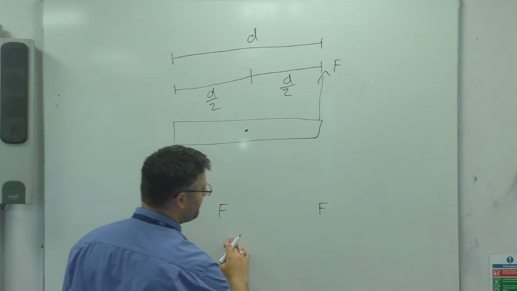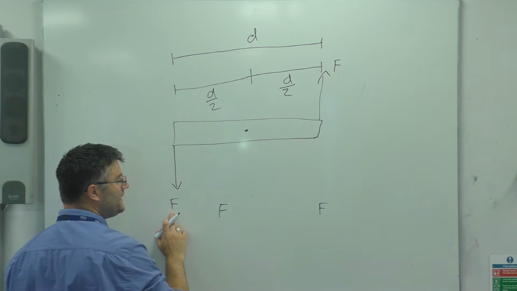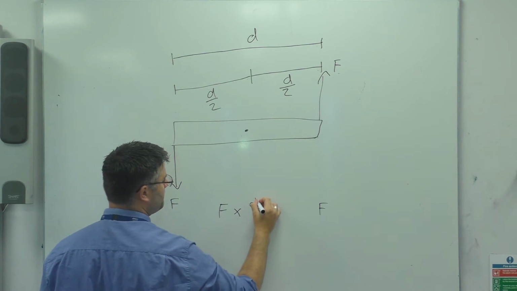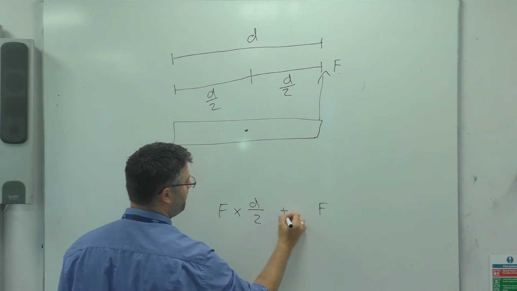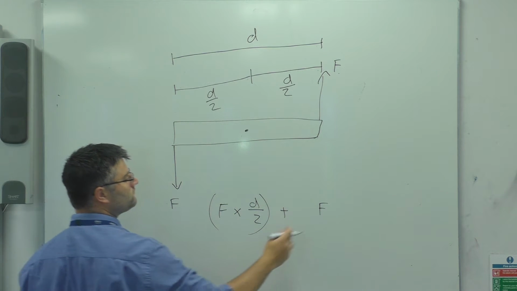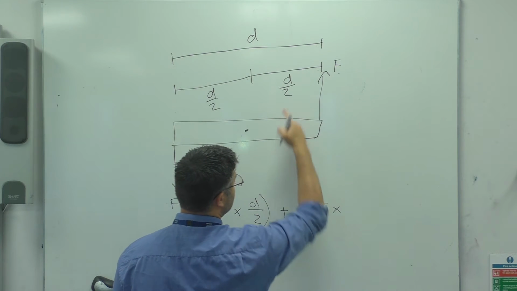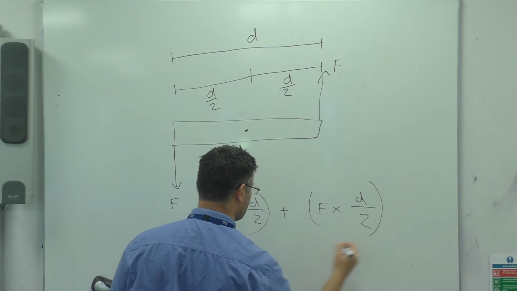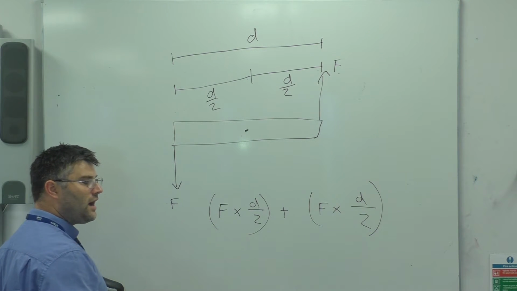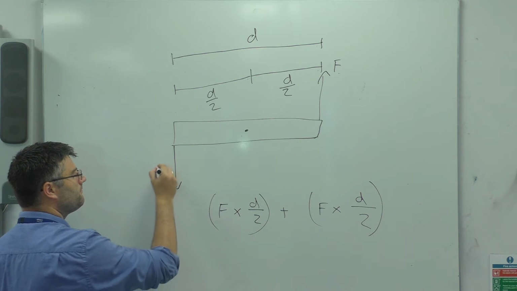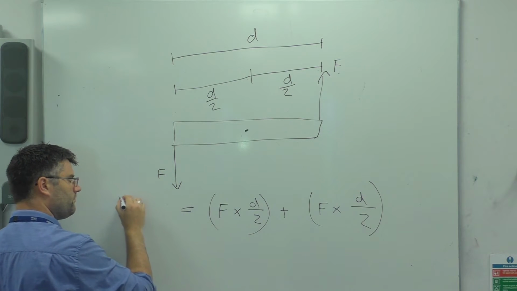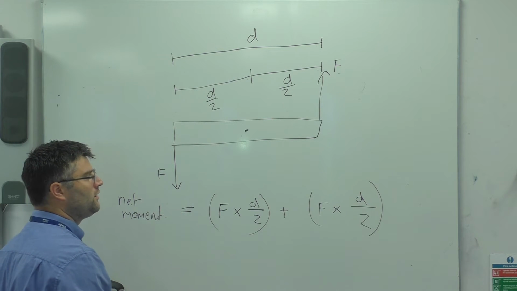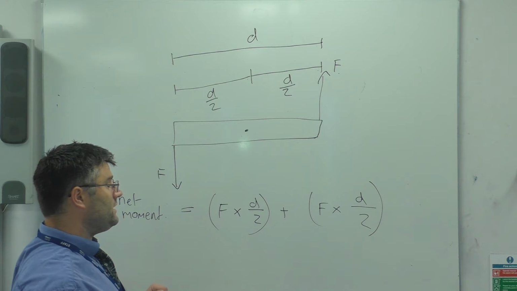So in order to work this out, we've got a force here times the distance from the pivot plus the force here times the distance from the pivot. And that will equal our net moment. And as a result, we get rotation.